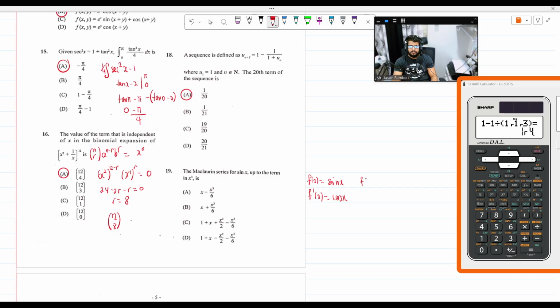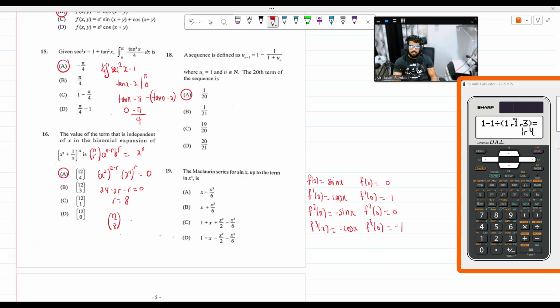So f of 0 is equal to 0. f dash 0 is going to be 1. Then I differentiate again, I get minus sine x, and f double dash of 0 is equal to 0. Then f triple dash x is equal to minus cos x, and f triple dash of 0 is equal to minus 1.